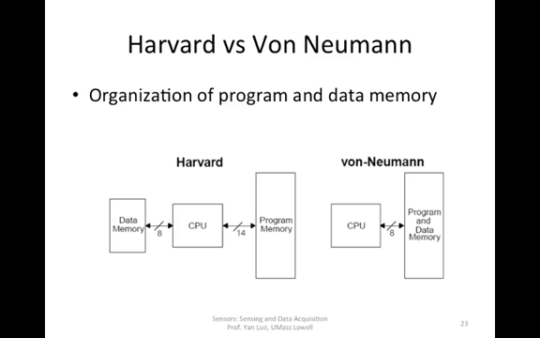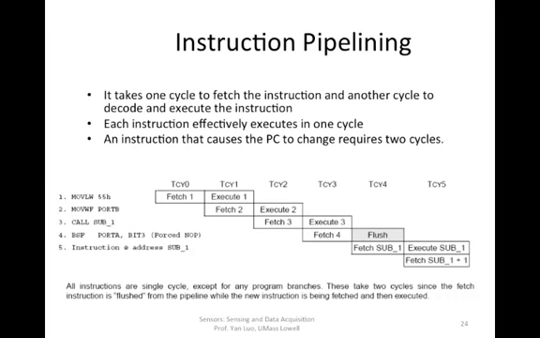So the processor will load instructions from the same memory subsystem as the data. Okay, instruction pipelining. This is the way the PIC microcontroller improves its performance. It tries to overlap the execution of consecutive instructions.